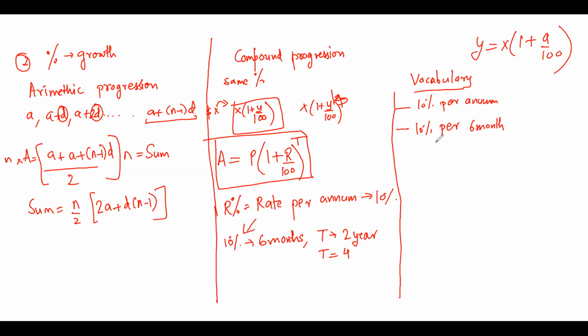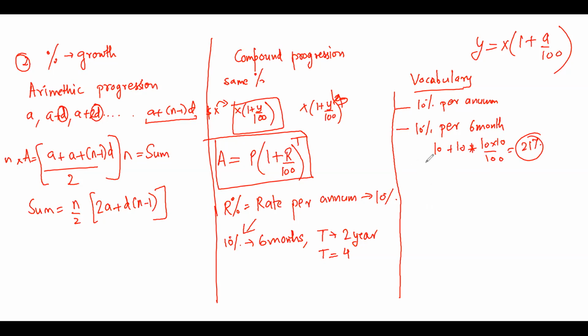How much does it increase every year? It's 10 plus 10 plus 10 into 10 by 100. Actually, every year it increases by 21%, because every 6 months it's increasing by 10%. So in the whole year, it will increase by 21%. Is that fine?